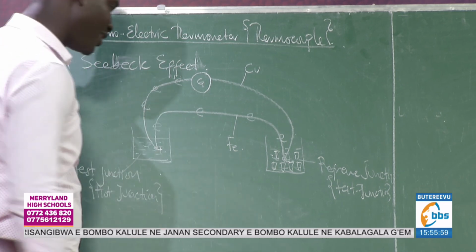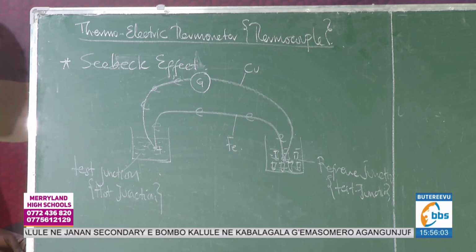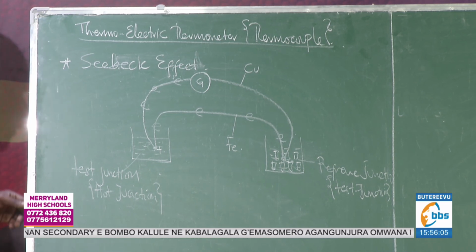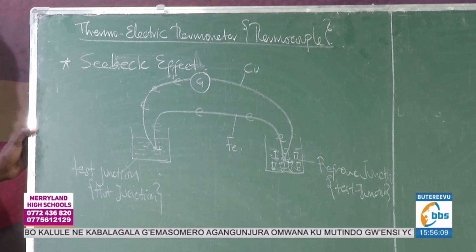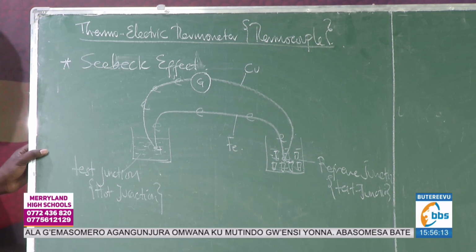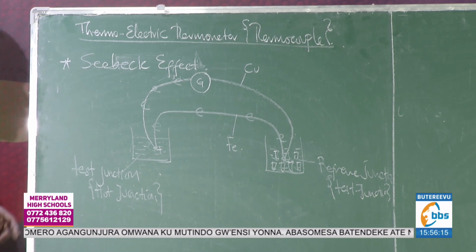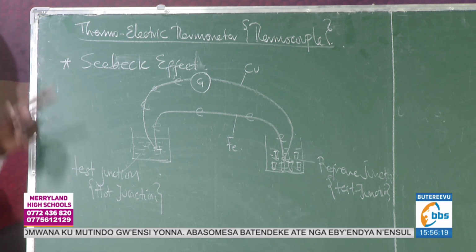Of course, from the elementary science that we know from O level to do with conventional currents, whenever you have electrons drifting from one end to another, it means that there is a current flowing in the opposite direction. And this is what gives birth to the thermocouple thermometer.